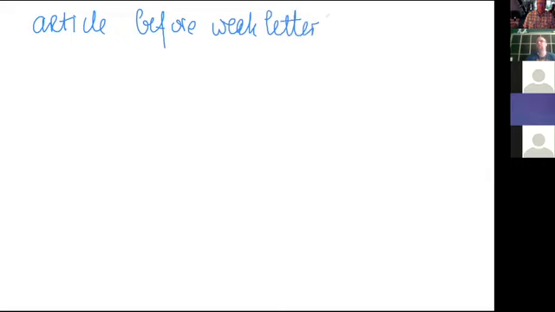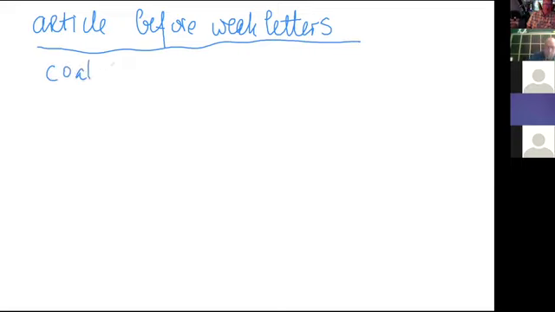So we're going to look at the article before weak letters. And weak letters are the coal mine letters, for instance, and the gutturals plus resh.